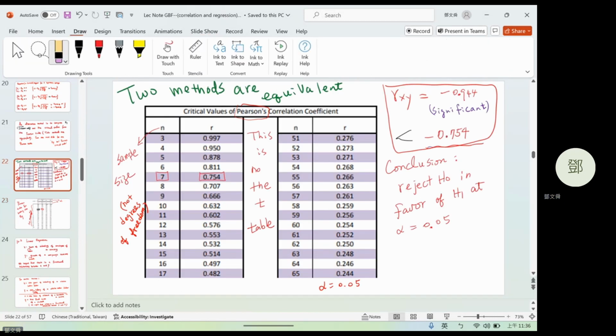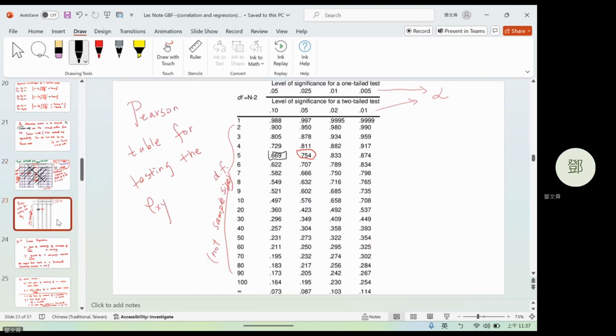Not this one. 0.669. It is minus 0.944, far smaller than minus 0.669.